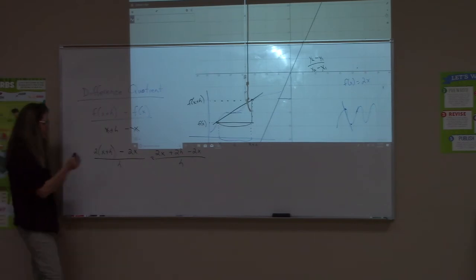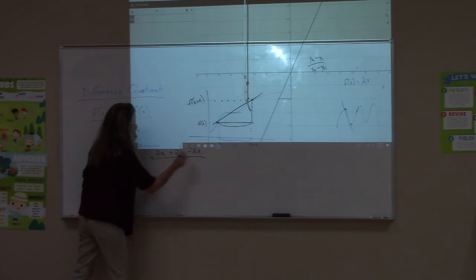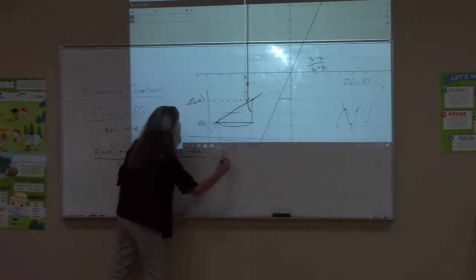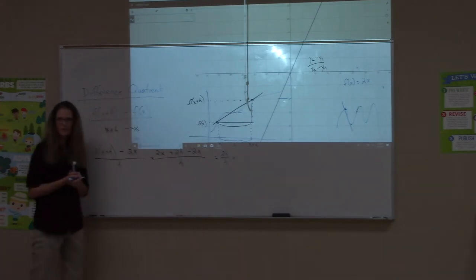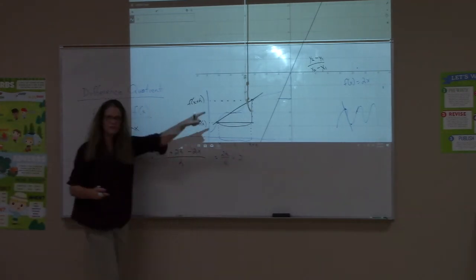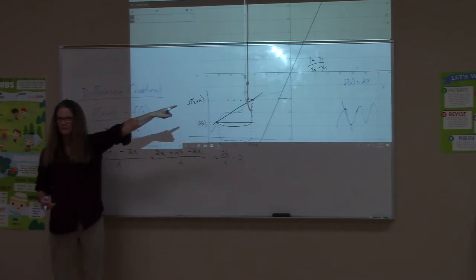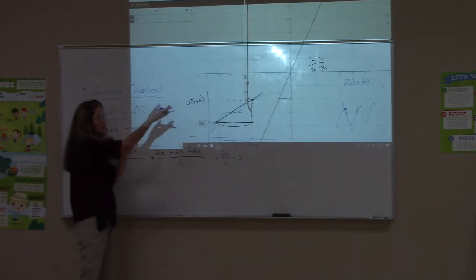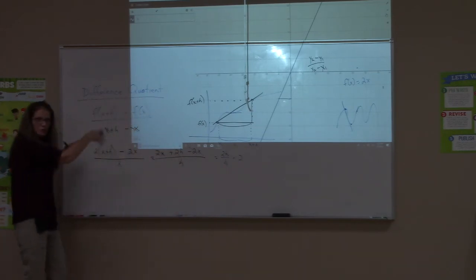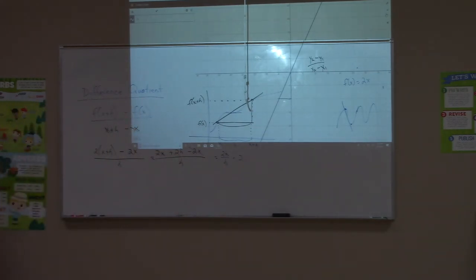And then I can cancel my 2 x's. And I end up with 2h over h. So what happens to the h? They cancel. What's left? 2. It's the slope. Okay? So I already knew it was 2, but this shows that I can algebraically, using the difference quotient, find the slope.